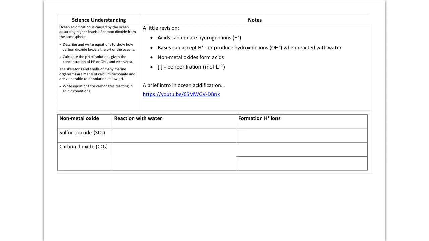So that reaction is sulphur trioxide plus water forms sulfuric acid. H2SO4 is our sulfuric acid. You've probably used that a lot in the lab.